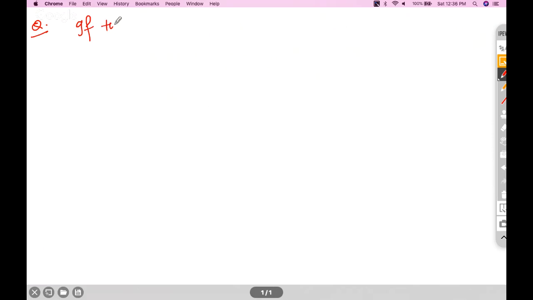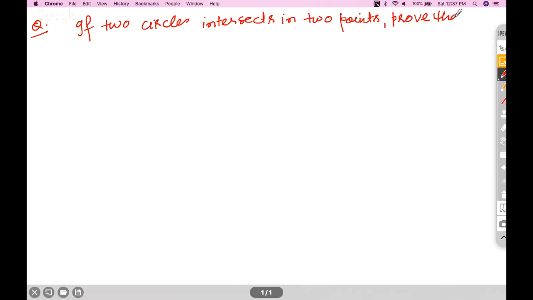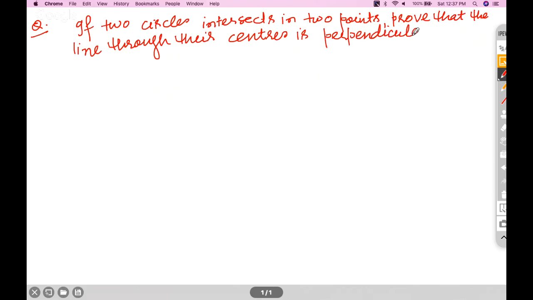If two circles intersect in two points, prove that the line through their centers is the perpendicular bisector of the common chord. You solve it.